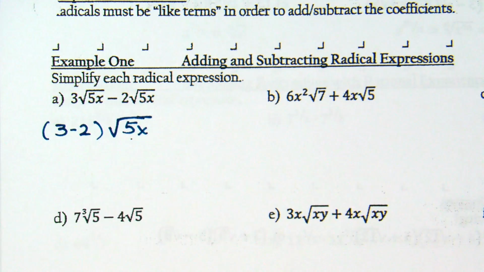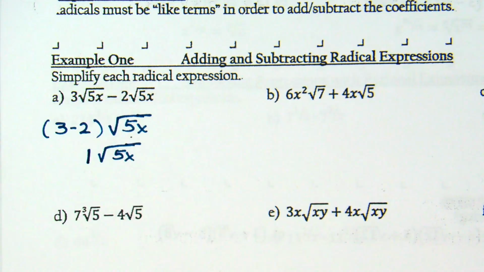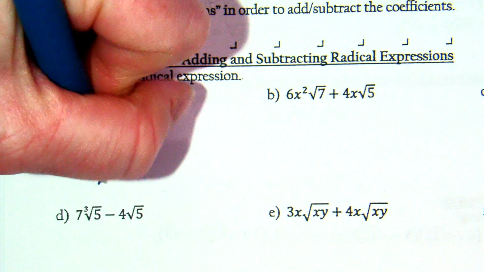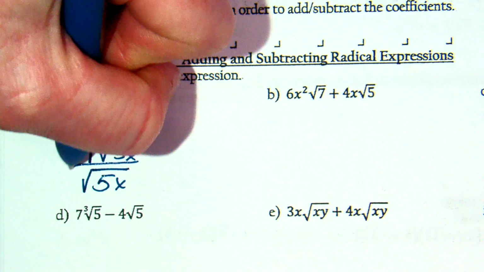But we know 3 minus 2 is 1 square root of 5x. I personally would not count 1 square root of 5x wrong. Math Excel, on the other hand, I can't speak for Math Excel. I have zero control over what they count right and wrong. So realize a coefficient of 1 you do not need, and so it is just square root of 5x. Easy enough?